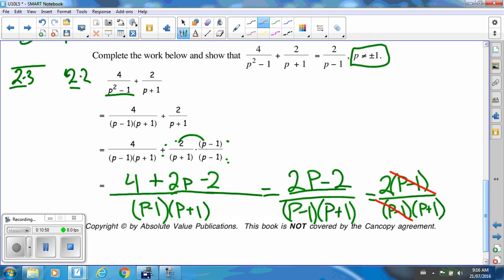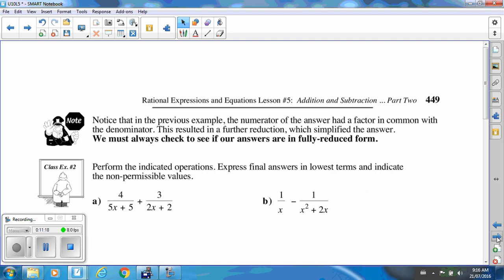Remember, you can't slash out common factors, and we only get rid of common factors, not terms, only factors. But I can't slash out those common factors unless I have already attributed its non-permissible value. That's like your gatekeeper. You can't do it unless your non-permissible value piece is done.